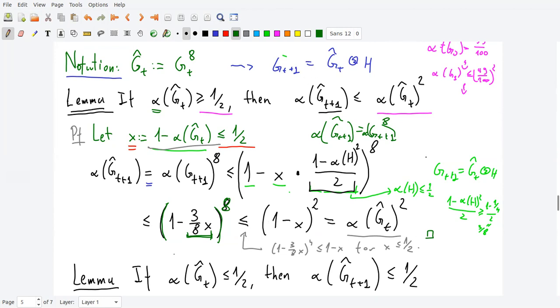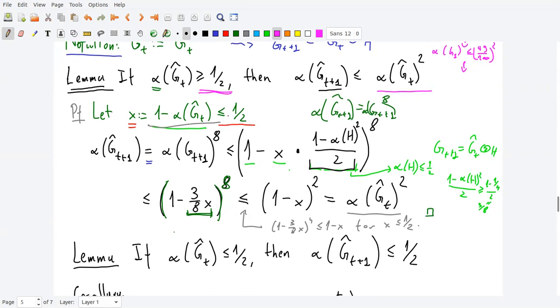Okay, so this was the situation where alpha was still above 1/2. So at some point alpha gets below 1/2, say like that. And then I need to make sure that if it is below 1/2, then it stays below 1/2.